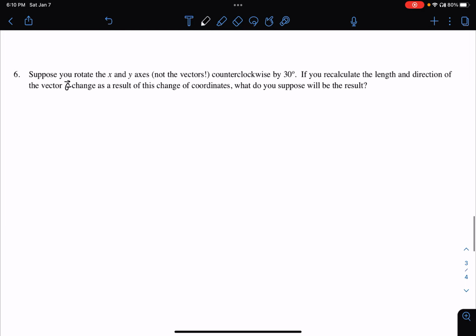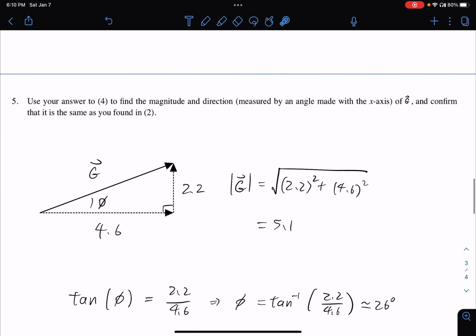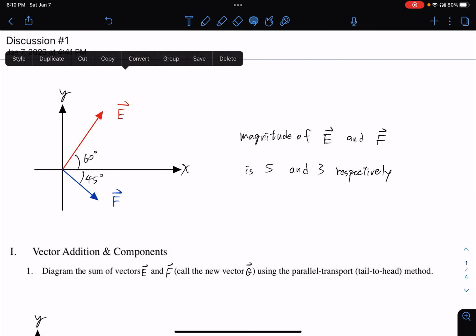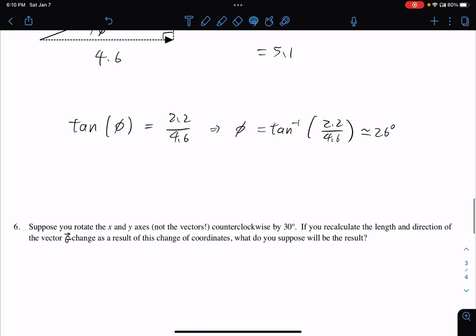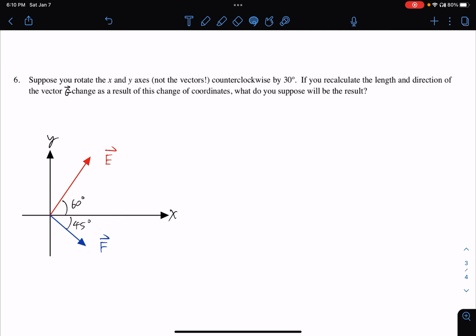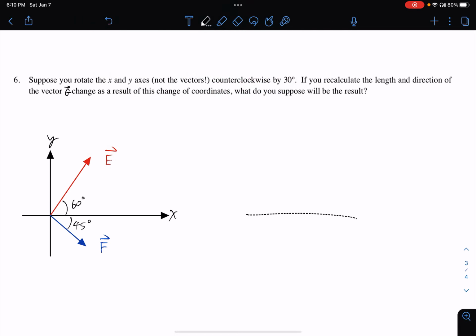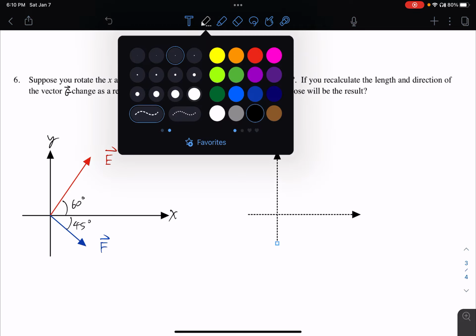Now, question 6 wants us to see what will happen if we rotate the x and y axes counterclockwise by 30 degrees. So let's do that. Let me draw the original axes using the dotted line. So originally the x and y axes look like this.